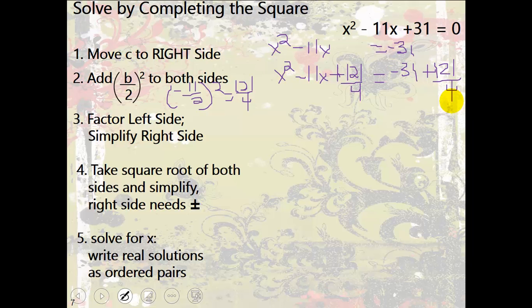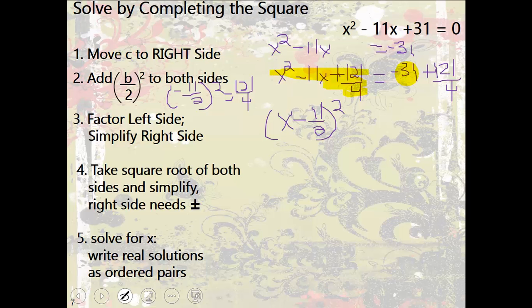I'm going to factor the left-hand side because I've created a perfect square trinomial. And this gives me x minus 11 halves squared. And now I'm going to combine these two.